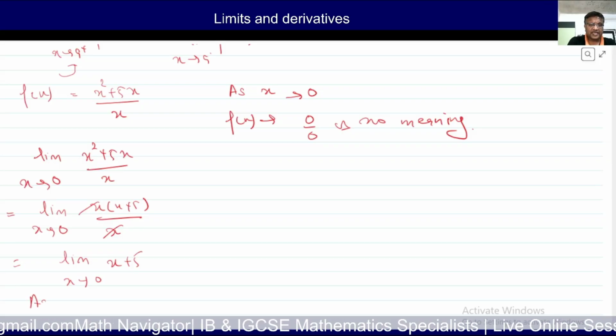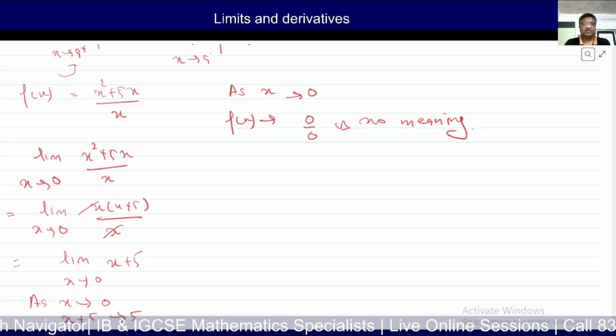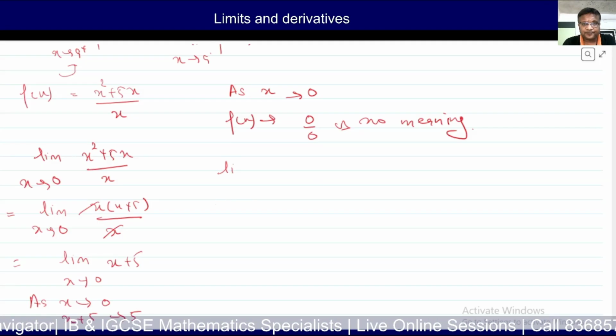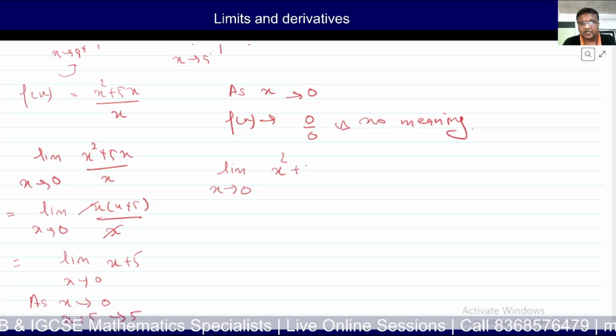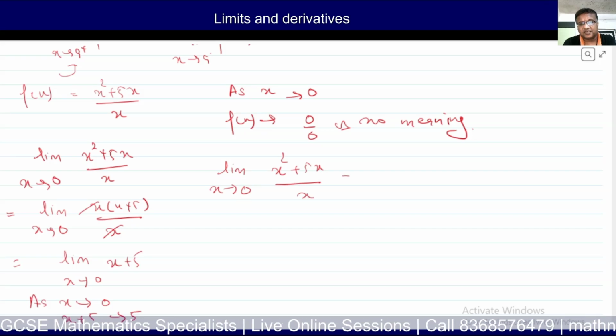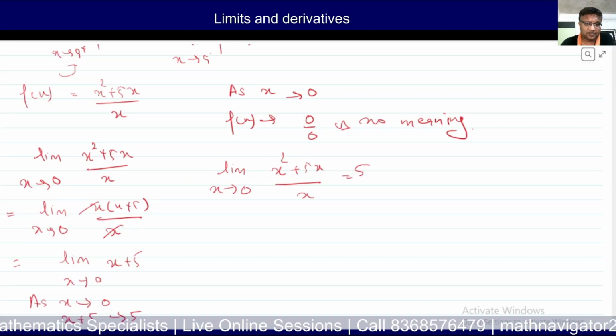So as x tends to 0, x plus 5 tends to 5. So my limit as x tends to 0 of (x squared plus 5x) over x is 5. I hope this is clear. Now we'll do a couple of questions on how to find the limits, then you will understand.